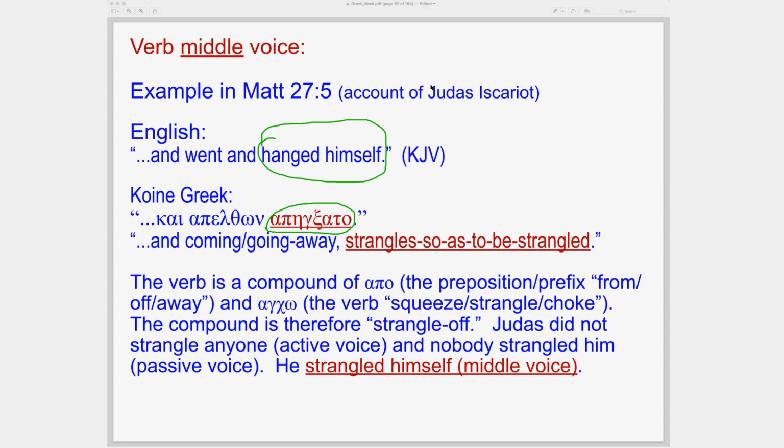The verb is a compound of apo plus agcho. The prefix is from or off, away from, and the verb is squeeze, strangle, or choke. So the compound of apo and agcho is to strangle off.